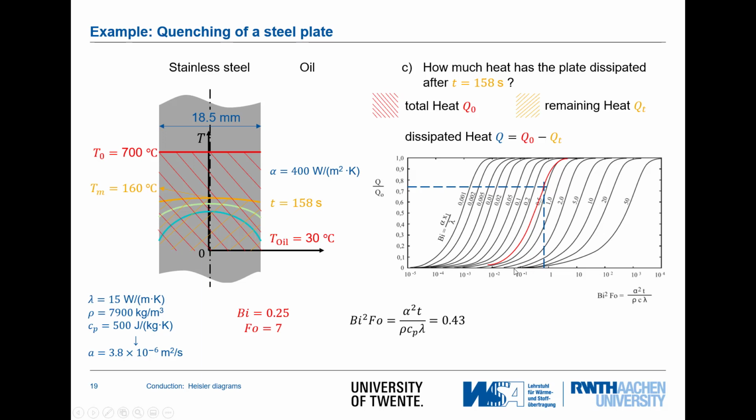So we can now look at the equation and we see that this ratio is approximately 0.75, which leads then to a ratio of 247.9 kilojoule per kilogram. So we still have the specific heat depending on the mass of the steel plate, which we don't know right now.